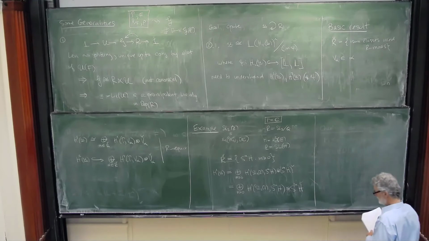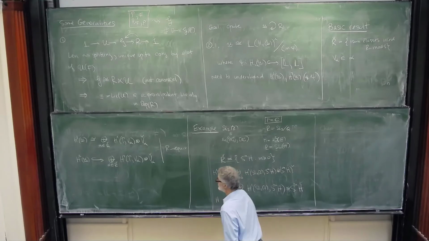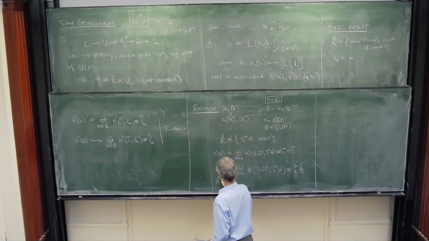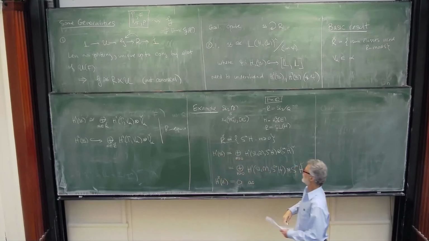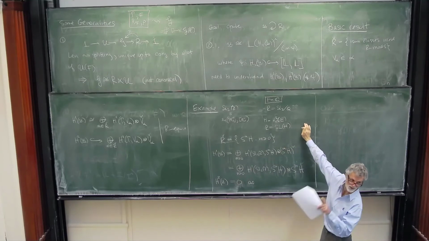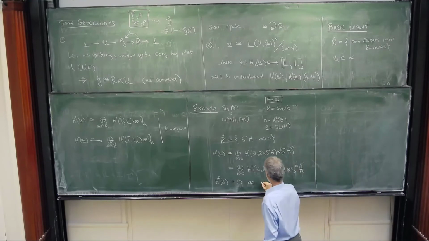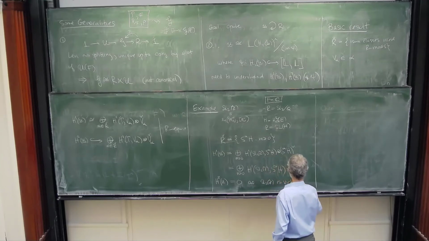And now, what about H2 of U? H2 of U is equal to 0, as the virtual cohomological dimension of SL2Z is 1, because SL2Z is virtually free, meaning it has a free subgroup of finite index.